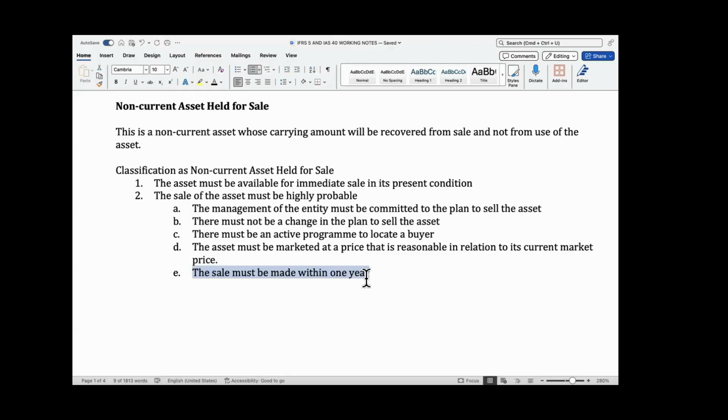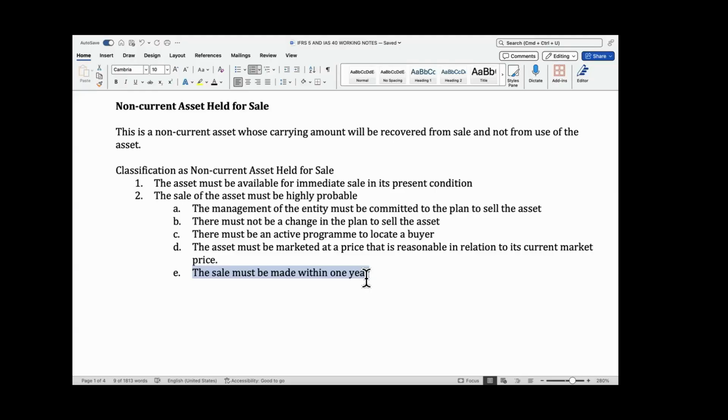Except if you can show us that the reason why you're unable to sell is beyond your control and you are still making effort to sell, then in that case, the standard says you can continue to put it in your books as a non-current asset held for sale.